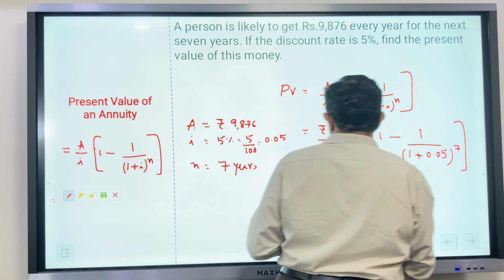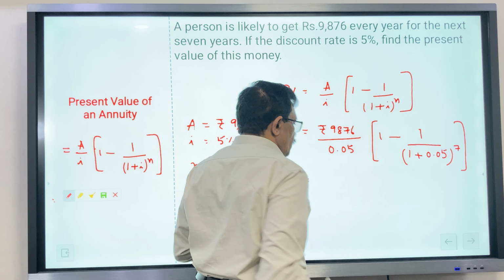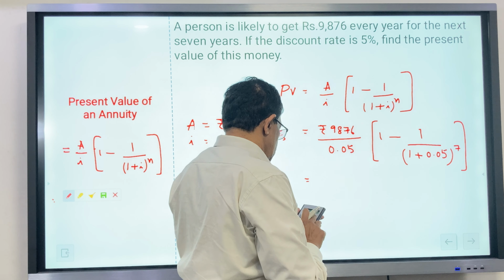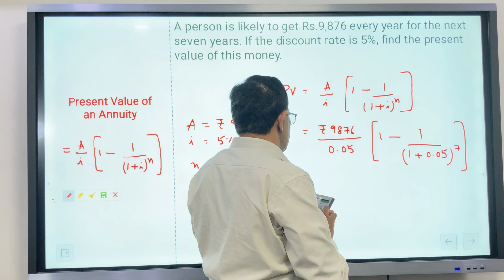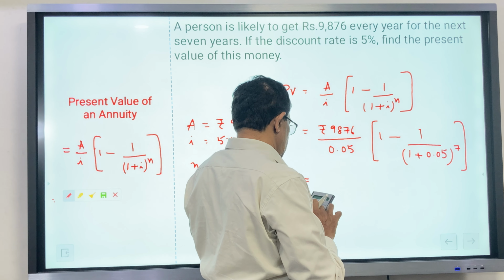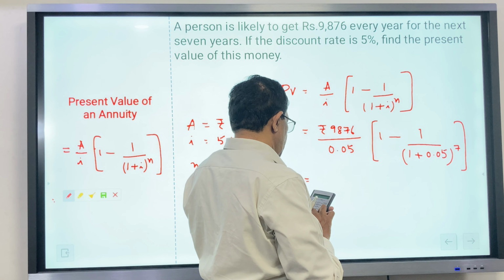So let us find out the values here. Now it is given as 9876 divided by 0.05.